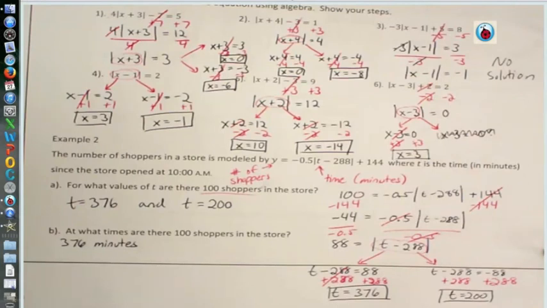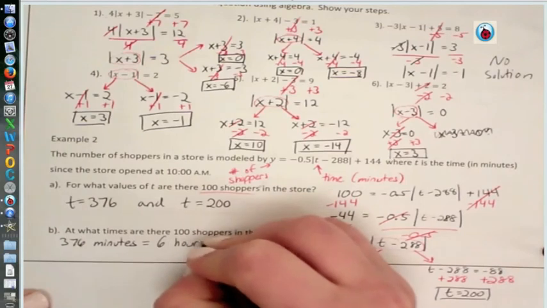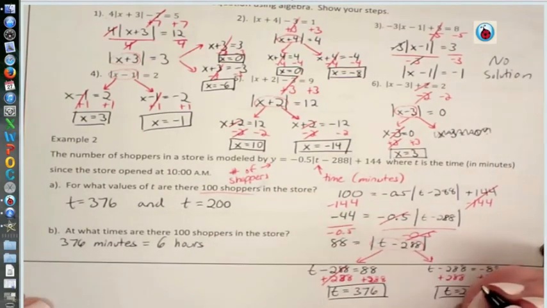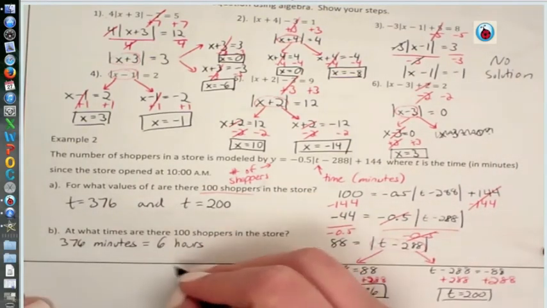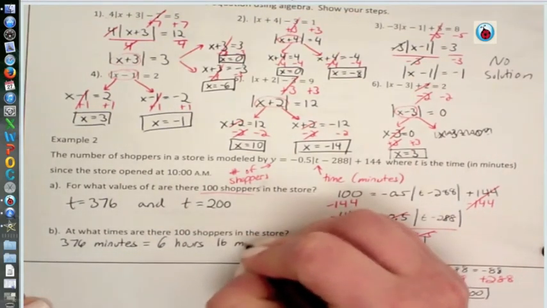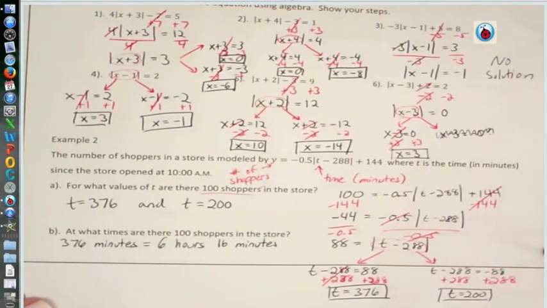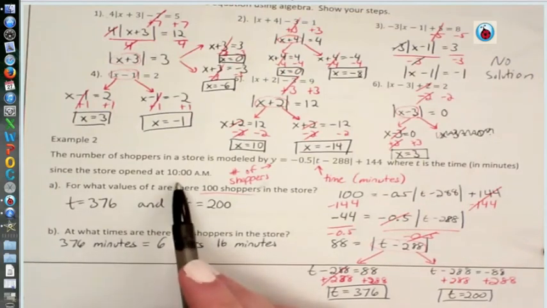Well, I know 360 minutes would be 6 hours. So that's 6 hours. And how many minutes left over? From 360, that would be 16 minutes. So 6 hours and 16 minutes after 10 a.m.